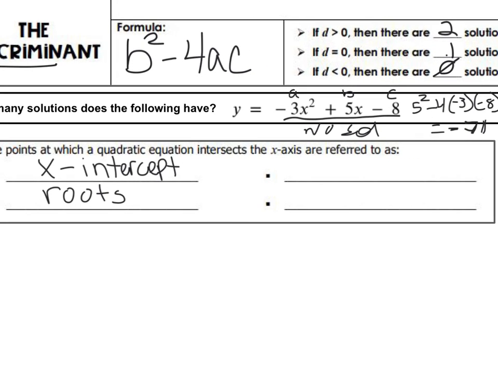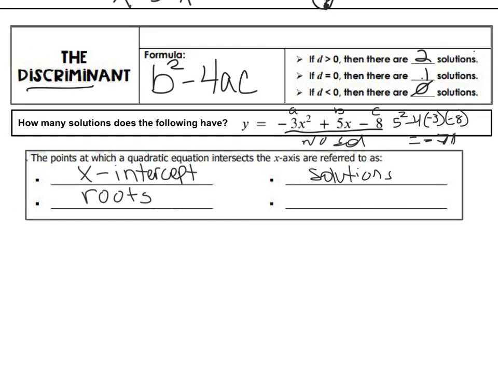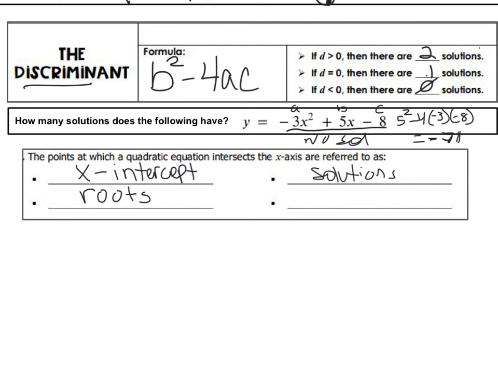When you're factoring, they're called the solutions. And if you're solving an equation, they're also called the zeros. You can put a 0 in for y, and it'll give you your x. Okay?